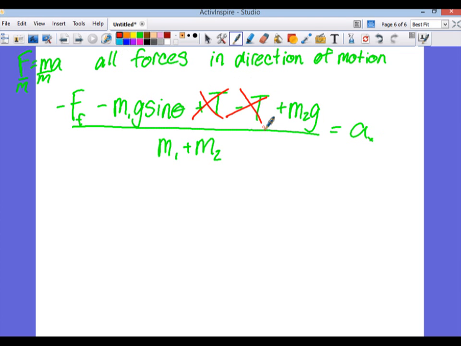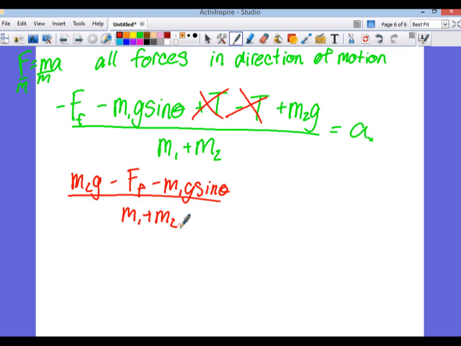So I could rewrite this, just because I don't like having negatives in the front. I could have m2g minus the force of friction minus m1g sine theta divided by m1 plus m2 equals ax. And then plug it in, and this is the exact same equation that we had before.